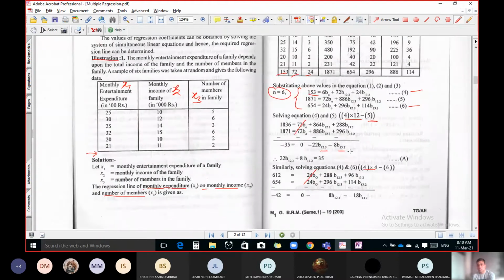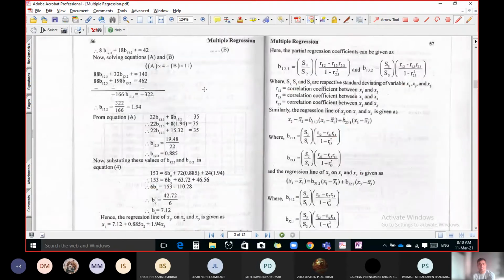See, once again equation A has coefficient of b12.3 as 22 and here it is 8, and in equation B it is 8 and 18. So just multiply equation A by 4 and B by 11, so you will get the same coefficient of b12.3 and subtract, so this will cancel and we get the value of b13.2.